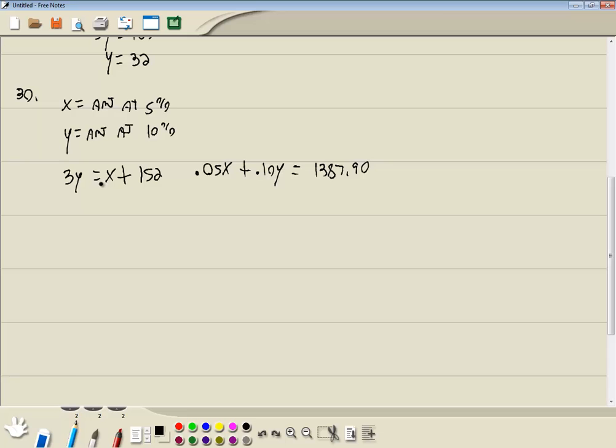Okay, so I'm getting kind of tired of working these addition and substitution, so let me use calculator on this one. I'll take this x over here, and we got negative x plus 3y is equal to 152. Our matrix would be 0.05, 0.10, 1387.90, and negative 1, 3, and 152.